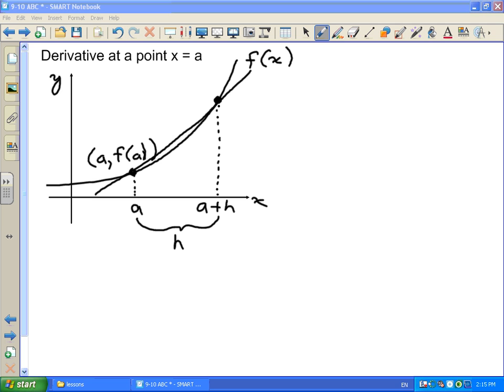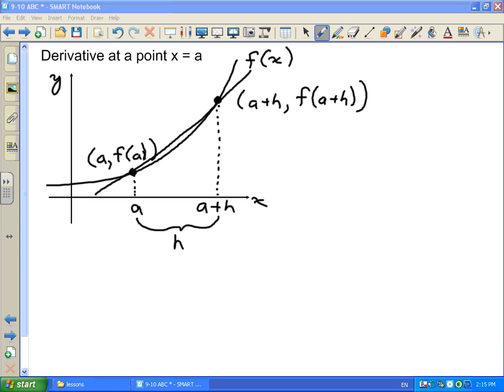That means the coordinates of this point are A plus h is my x value, and to get my y value, I just evaluate the function at A plus h. So coordinates are A plus h, f at A plus h.